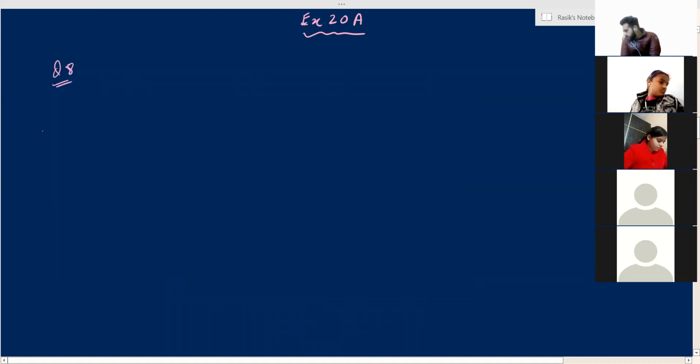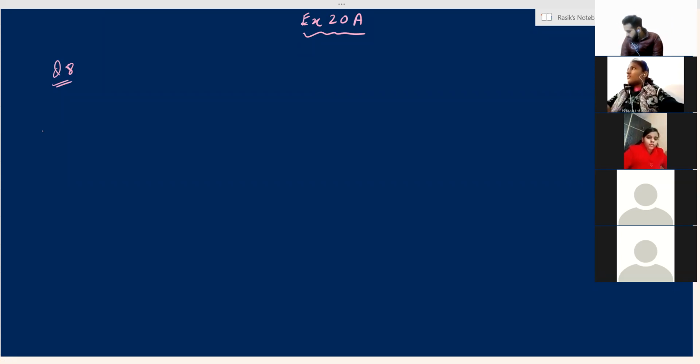Question 8. The length and breadth of a rectangular piece of land are in the ratio 5:3. If the total cost of fencing it at rupees 24 per meter is rupees 9600, similar type of question.